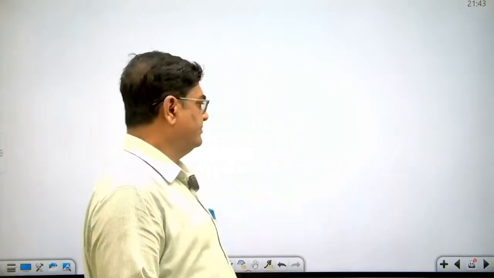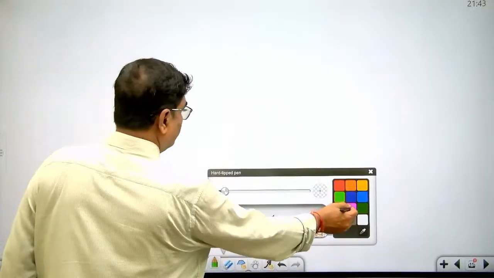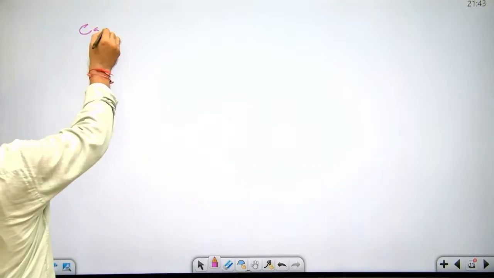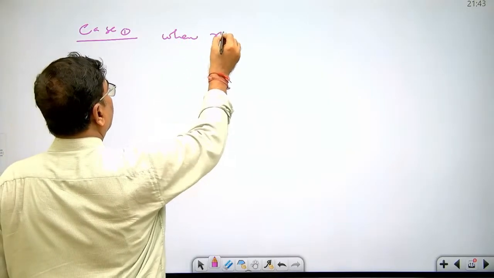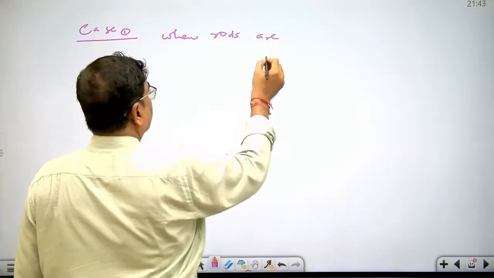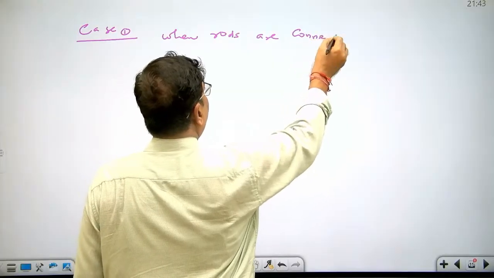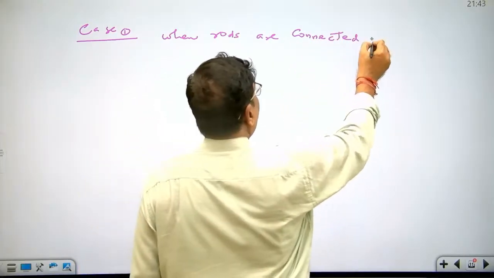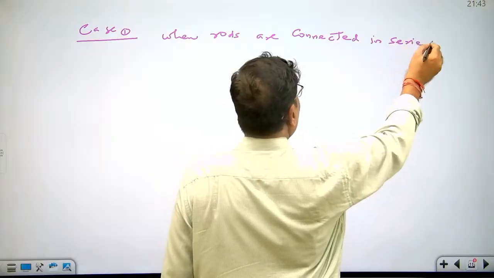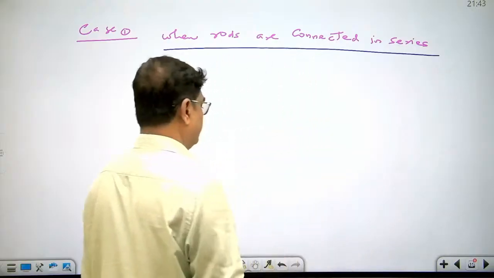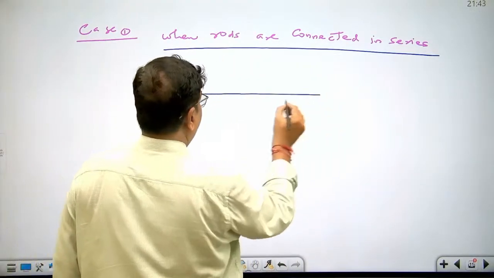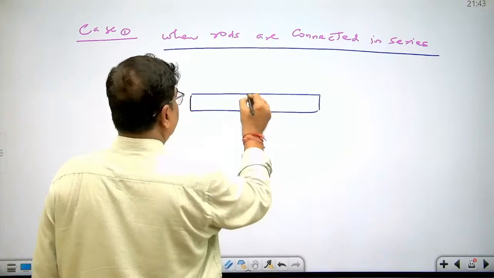Dear student, now let's see what happens when rods are connected in series. Case 1: when rods are connected in series, suppose here are two rods.